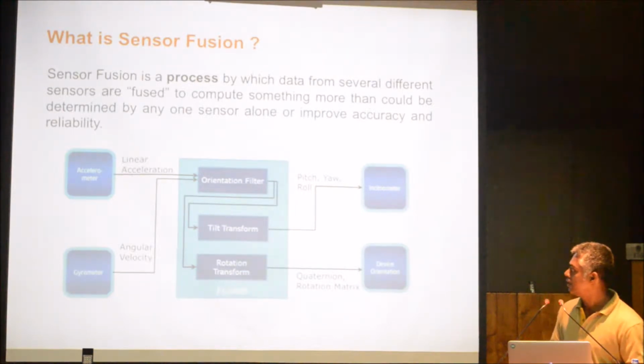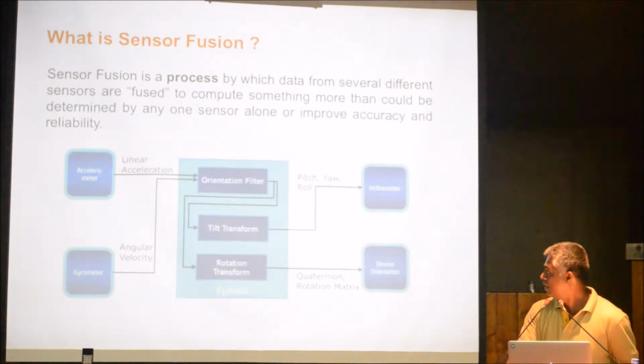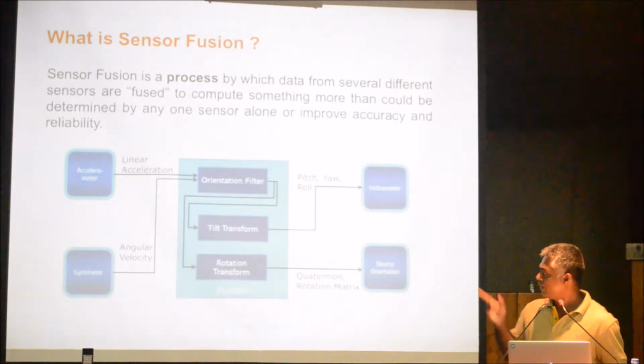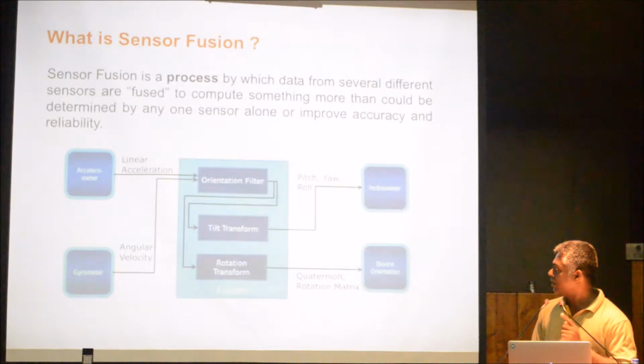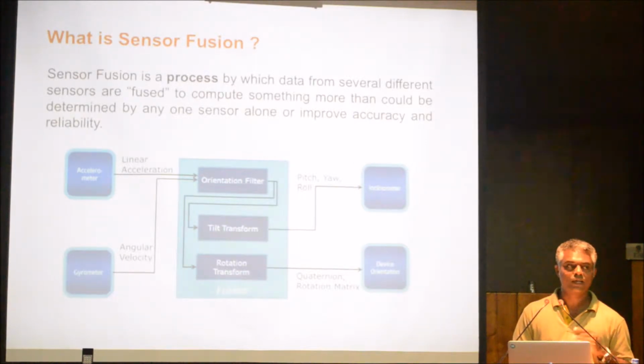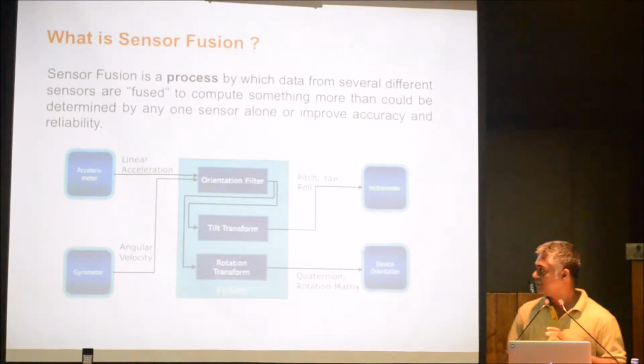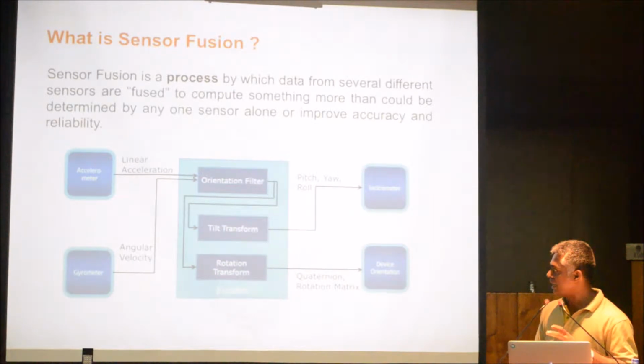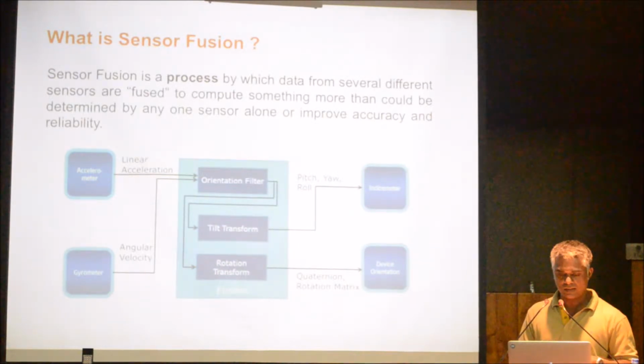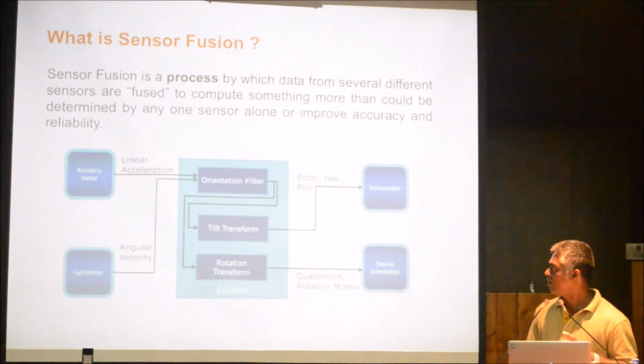If you look at this diagram, here I am using an accelerometer and a gyro. From the accelerometer we get acceleration, and from the gyro we get the orientation. There are different issues related to these sensors, and through sensor fusion we compensate those errors and create a combined output.